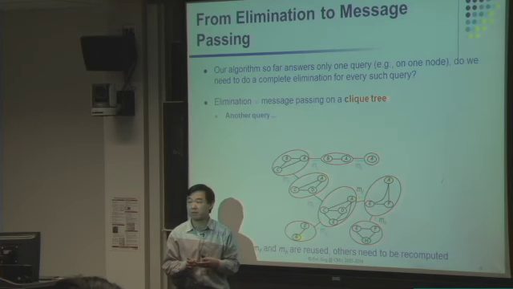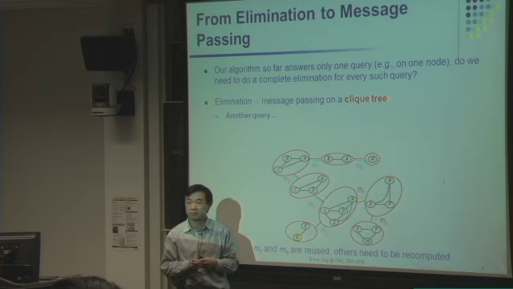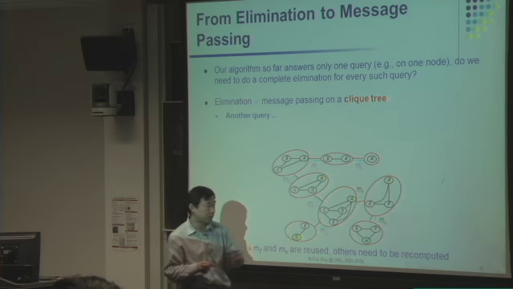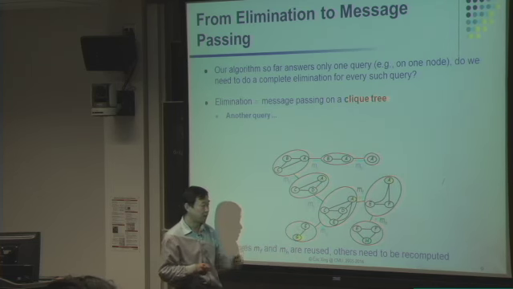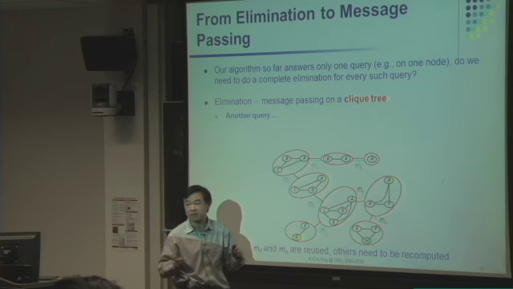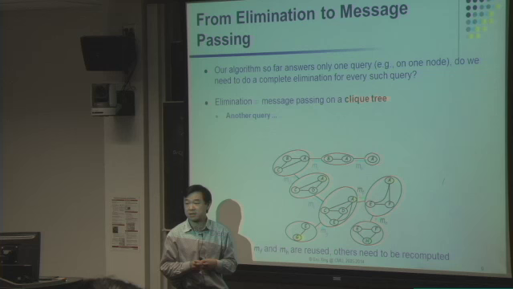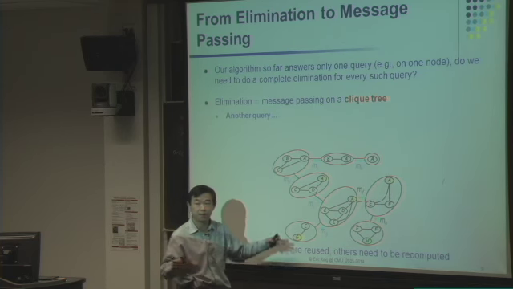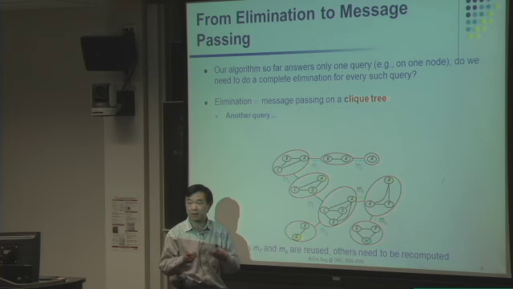How about we pre-compute all these potentials, right? That's another idea. You can pre-compute this and store them, and then at the end of the day, when you want to do any probabilistic query, you may just be able to look into the database of all these pre-computed clique functions or factors, and then do a quick summarization of the statistics and get your query answered.